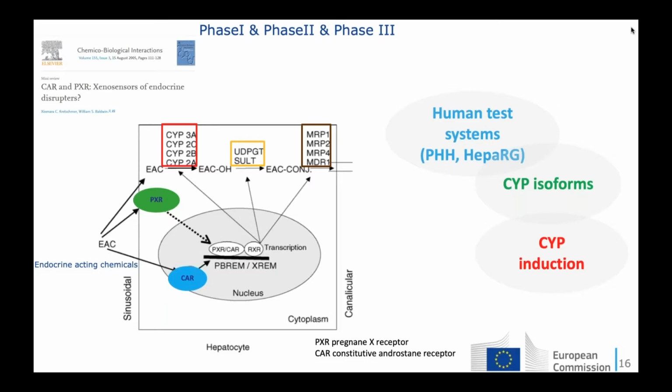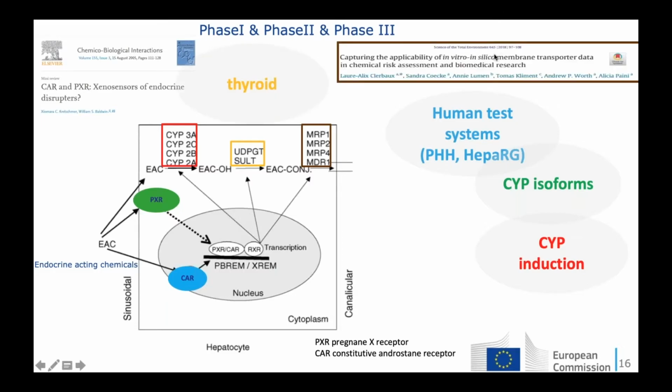Next. So in one of the big validation studies we are running now, which is the thyroid validation study, I give you some example. We are also looking at inhibition and induction of UDP GTs and sulfotransferases. And in this area, as you know, also phase 3 is important. So we also need to think about transporters in our toolbox.